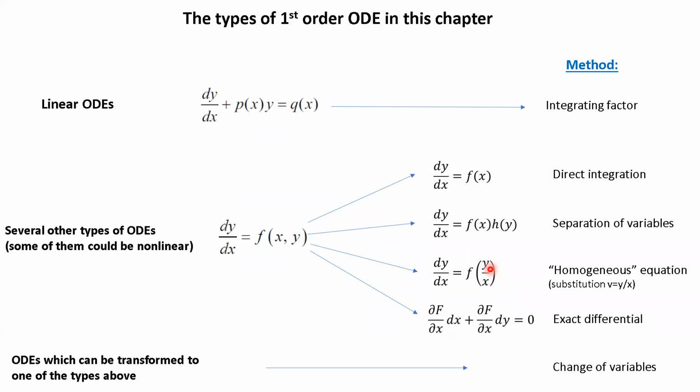Now, if we have some ODEs that are none of these types, then I will say that there is not a general method, but the strategy that we will take is to try to do some change of variables, to make the ODE that we are dealing with look like one of these. Then we can apply the standard method.